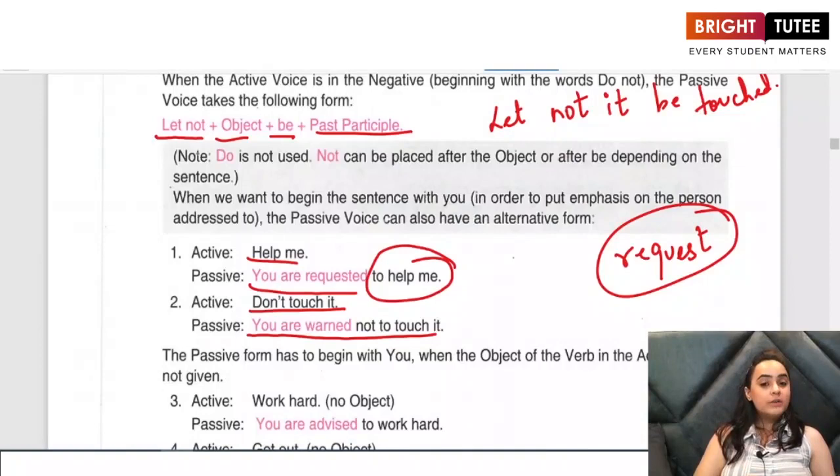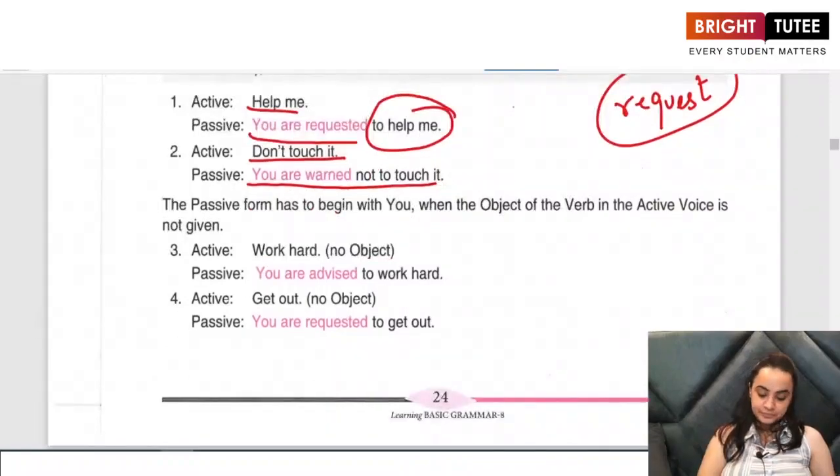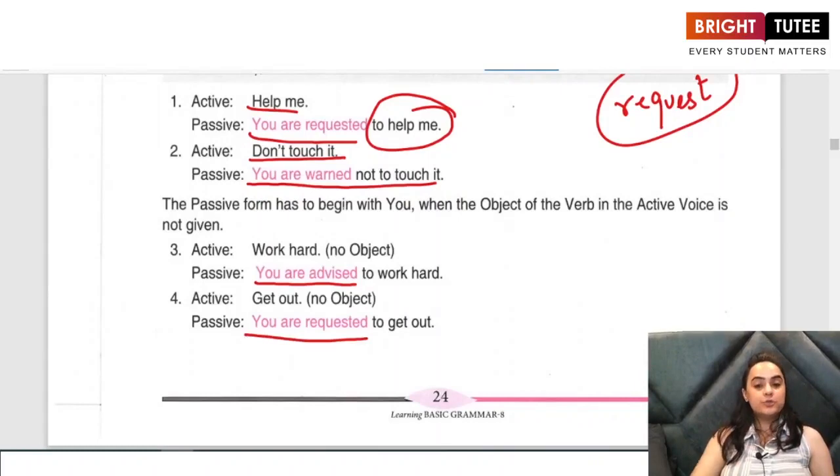You are warned not to go there. So these are the different ways in which you can write. Work hard. You are giving an advice, so you are advised to work hard. Get out. This is an order that you are giving. You are requested to get out.